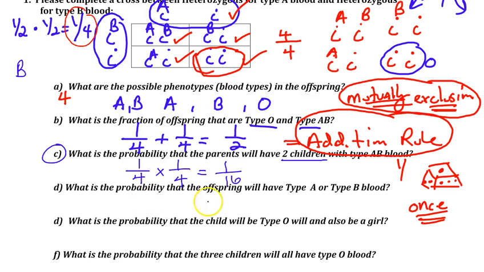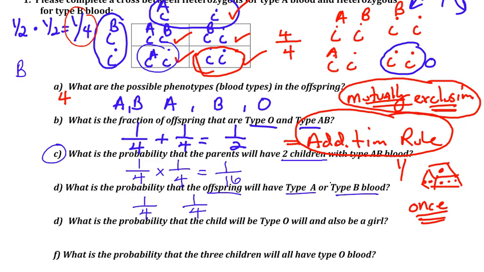D, what's the probability the offspring will have type A or type B blood? Well, type A is 1/4, and type B is also 1/4. Well, look at the question. What's the probability that the offspring will have type A or type B? So this is in one roll.